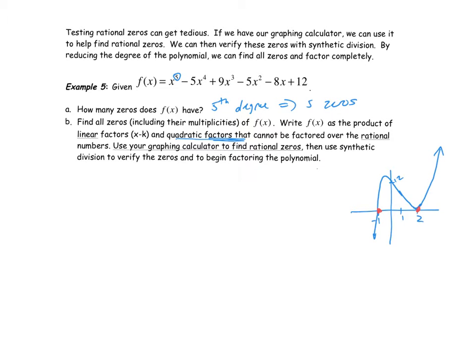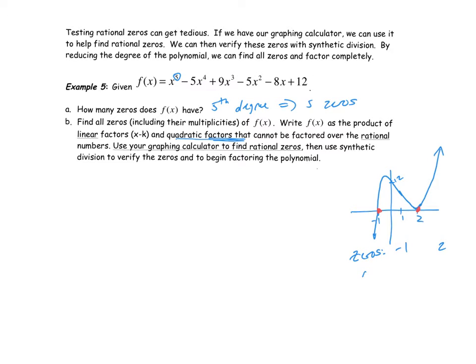So I've sketched the function on the page here. We can see from the graph that we have 2 zeros. These are apparent zeros. We don't know for sure. So we have a zero at -1 and at 2.